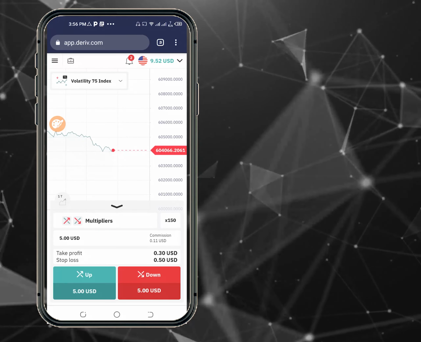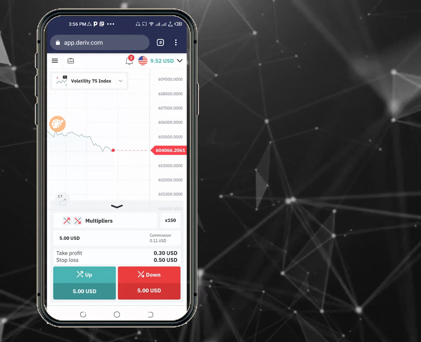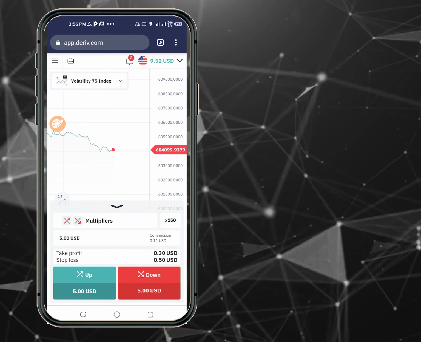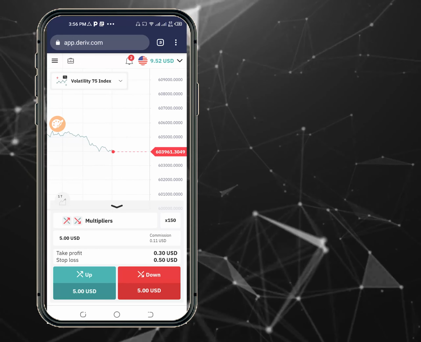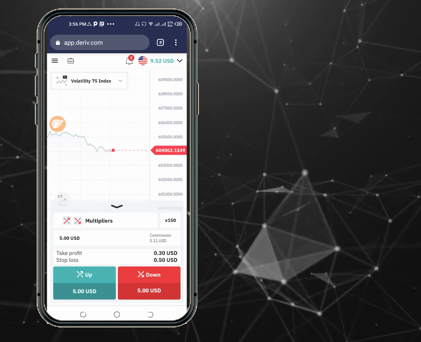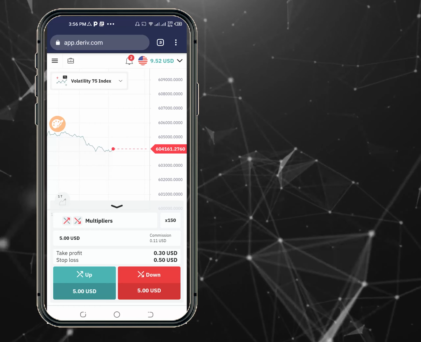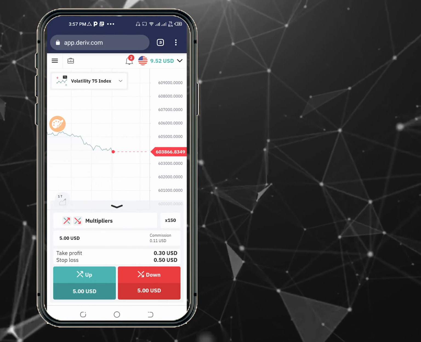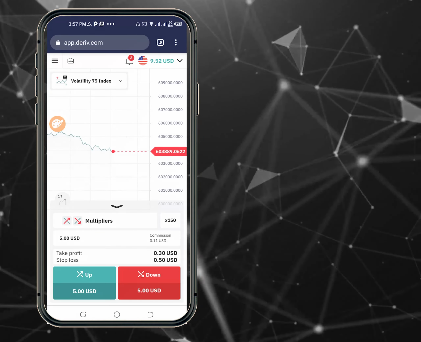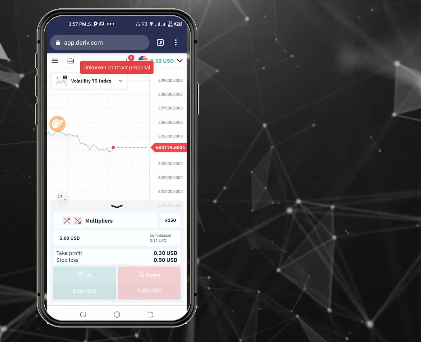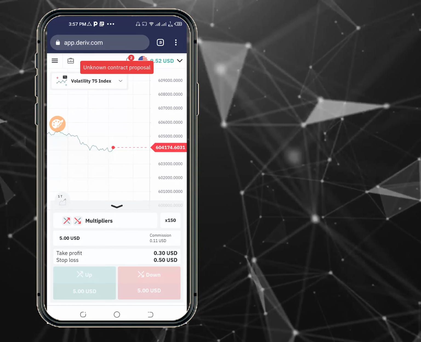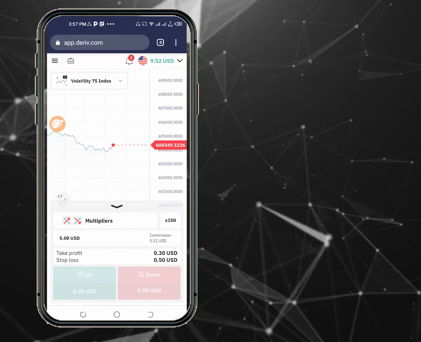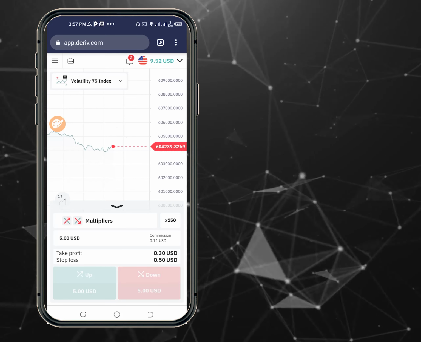From the look of things, I want to see if it's going down, if it breaks through that resistance. Okay, I'm observing first. It has broken that level. Okay, I'm going to place down for it. My stop loss is still at 50. If it begins to rise up, I will definitely. Okay, I'm closing my trade right now.